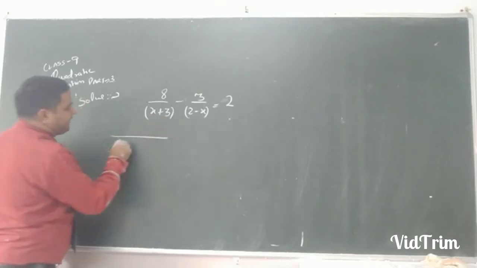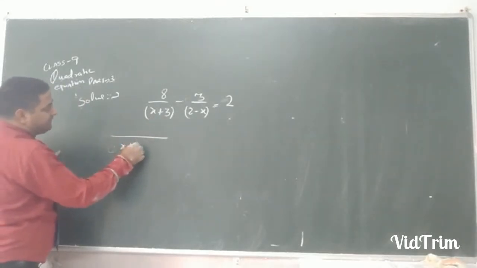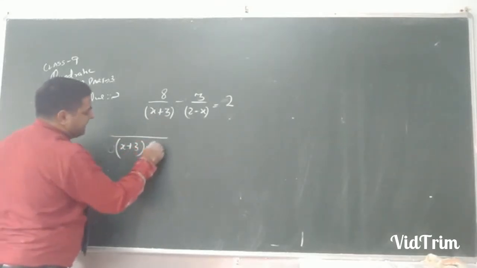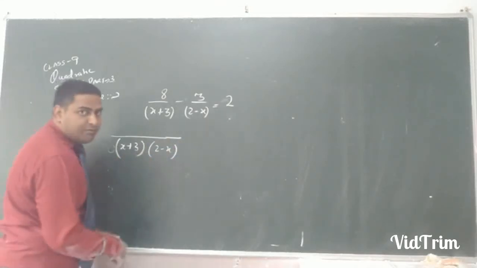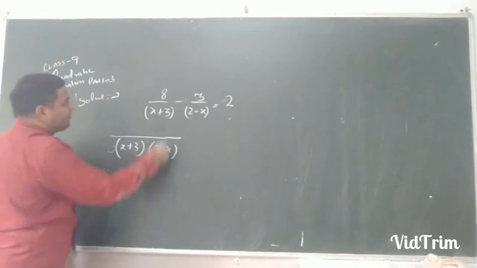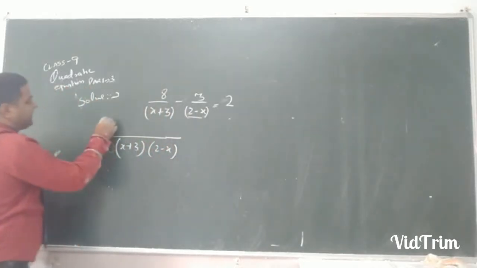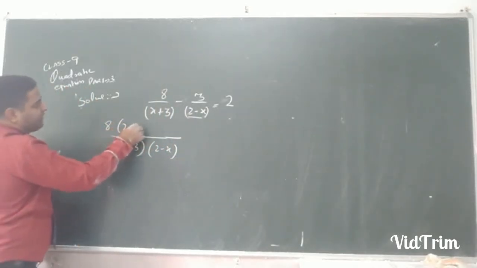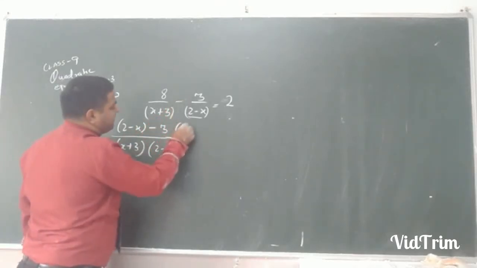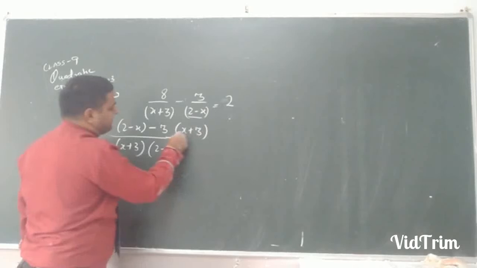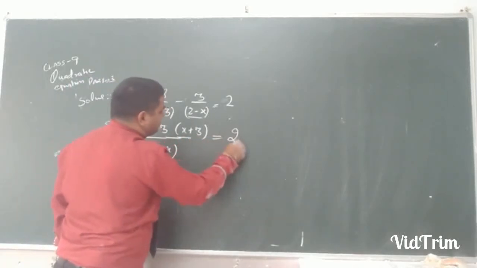The LCM of x plus 3 and 2 minus x is x plus 3 into 2 minus x. Now cross multiply, we get 8 into 2 minus x minus 3 into x plus 3 equals to 2.